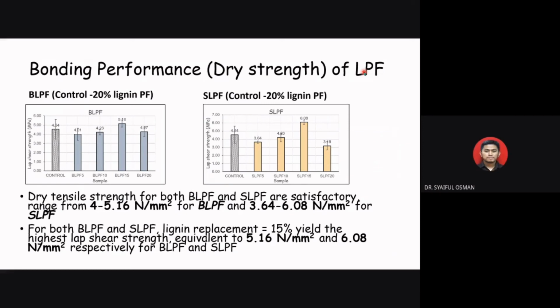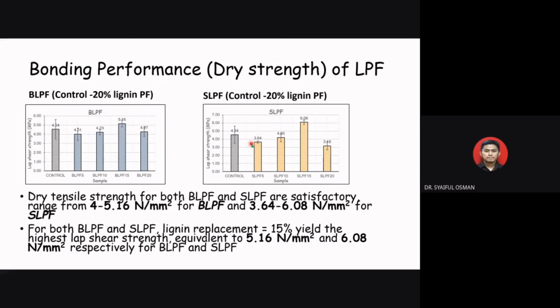So the analysis of the tensile lap shear dry strength indicated that for both lignin-phenol-formaldehyde adhesives formulated with a partial replacement using both types of bamboo lignin, the formulation with 15% replacement of phenol, for both types of adhesive synthesized using lignin from 2 different sources of bamboo, gave the highest lap shear strength.